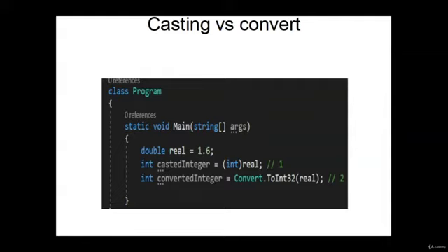And when we cast that double into an integer, we're left with 1. Now, we do the same thing on the third line, but we use the convert to method. And notice the difference. We get 2. So instead of getting rid of or truncating everything after the decimal, the convert to method actually rounds the number up. So that's really something that you have to be mindful of when you're programming, the difference between those two ways of converting data types.